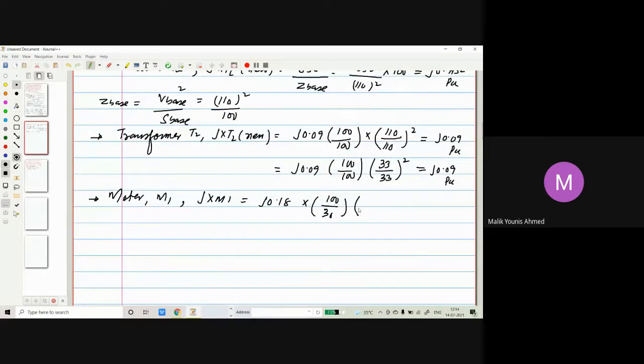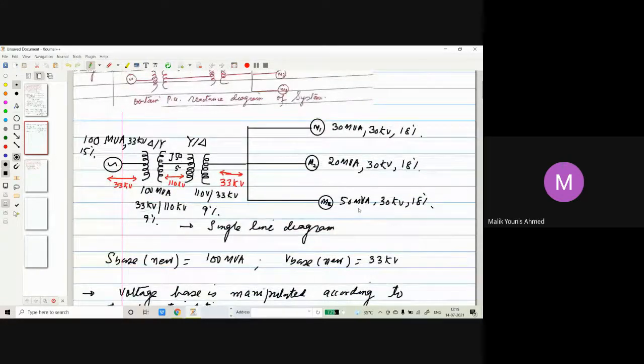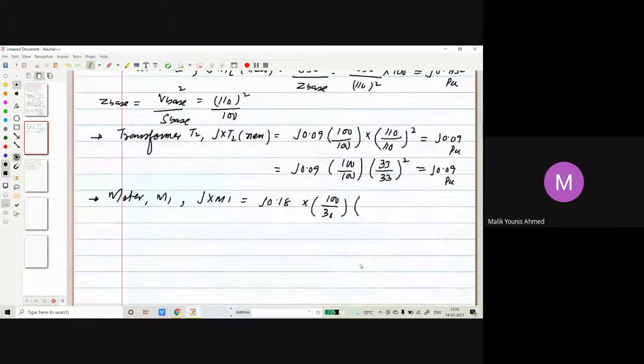V base old, the rating of the motor M1, is 30 kV, divided by the base value of the voltage on the motor side, which is 33 kV, that we know already. If you calculate this value, it will come out to be J 0.4958 per unit.